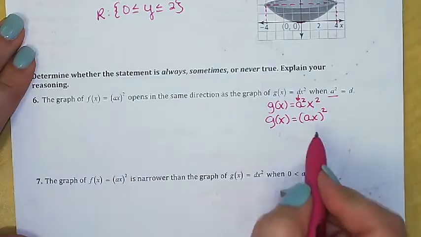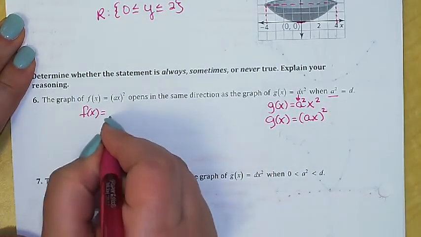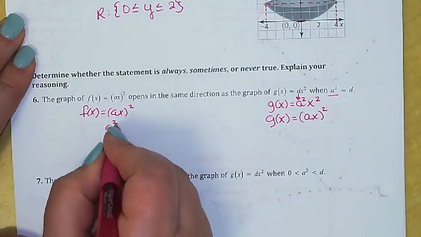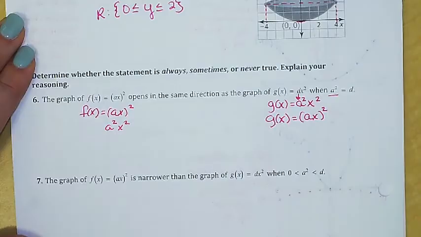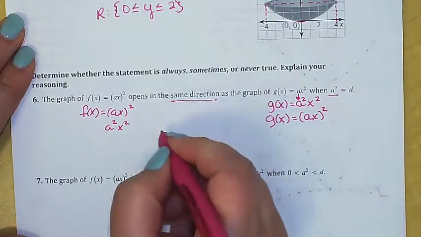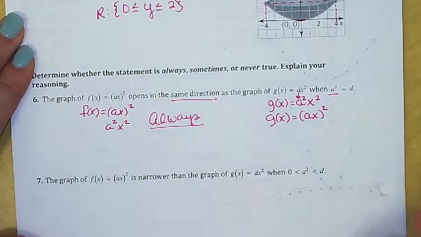And that's what f of x is. This right here is what f of x is. If I take that f of x and I distribute my power, I would indeed get the same thing. Okay, so would these guys open the same direction? Yes, always. They end up really being the same function.